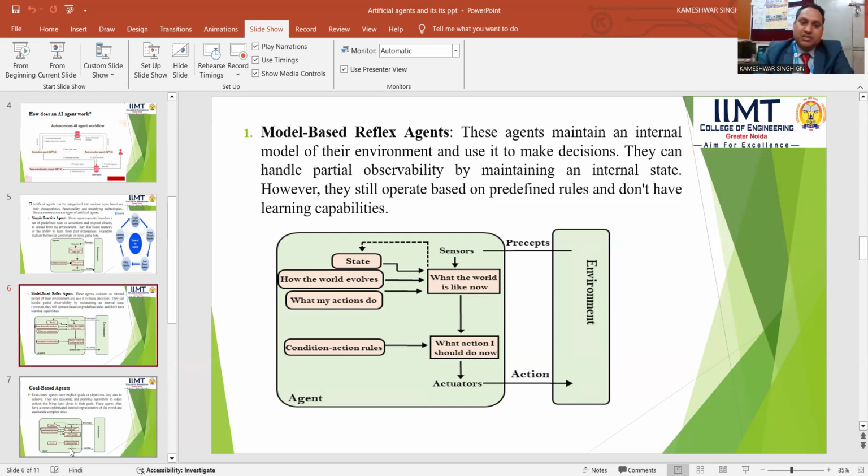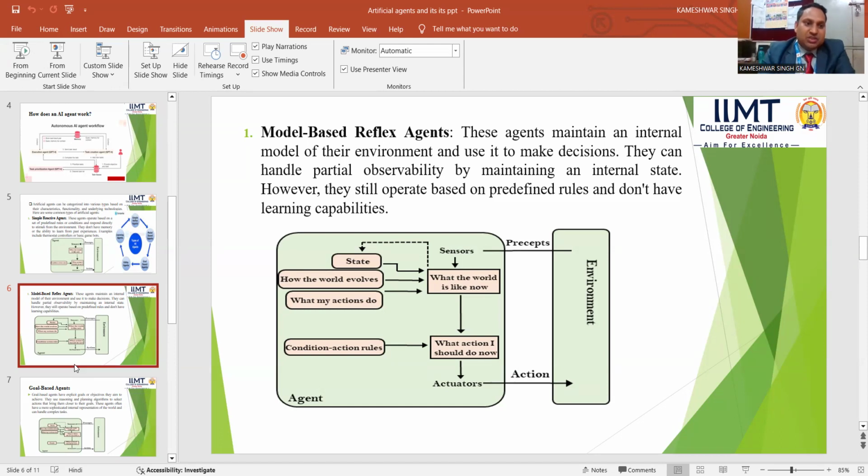So what is my action? Switch on the AC. If anybody is present in the room and they do not want the AC, then do not switch it on. So these are the certain types of conditions the model-based agent will perform.